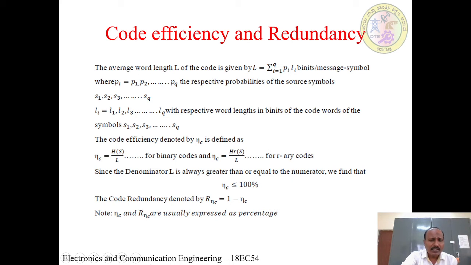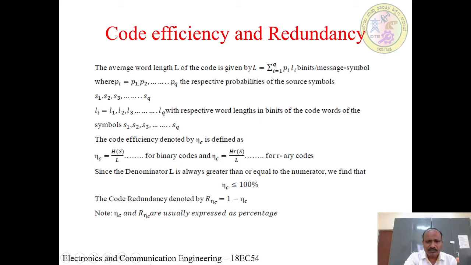Obviously, because L is always greater than or equal to the entropy, it never crosses 100%. Therefore the efficiency of the given source that we calculate with the code is always less than or equal to 100%, and the code redundancy is denoted by R eta c equal to 1 minus eta c.